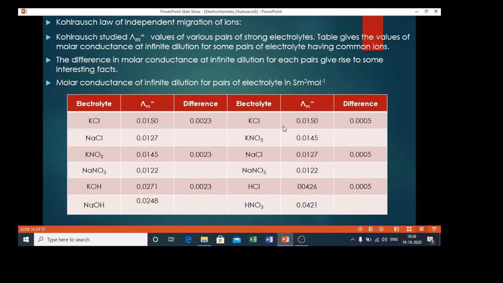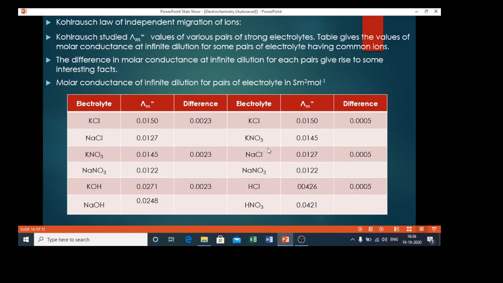In the first pair, the λm infinity value for potassium chloride is 0.0150 Siemens meter square per mole, and for potassium nitrate the value is 0.0145 Siemens meter square per mole.